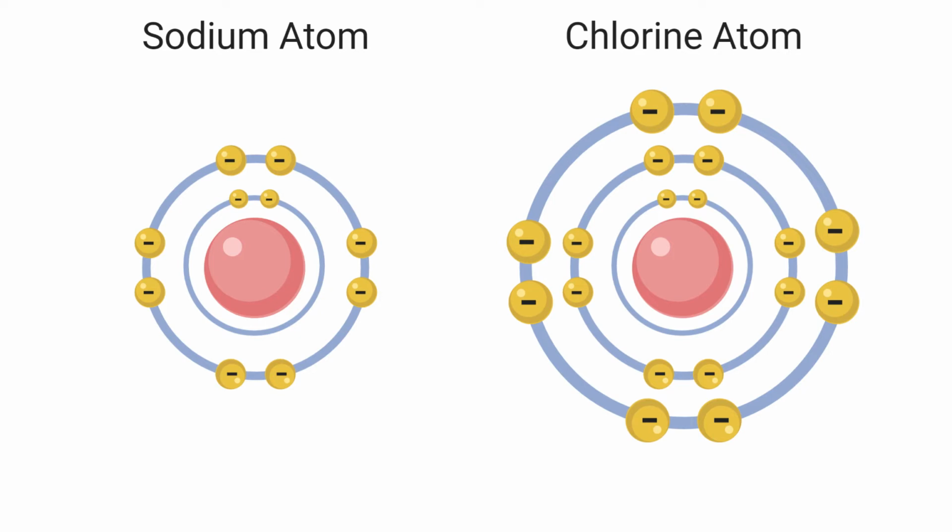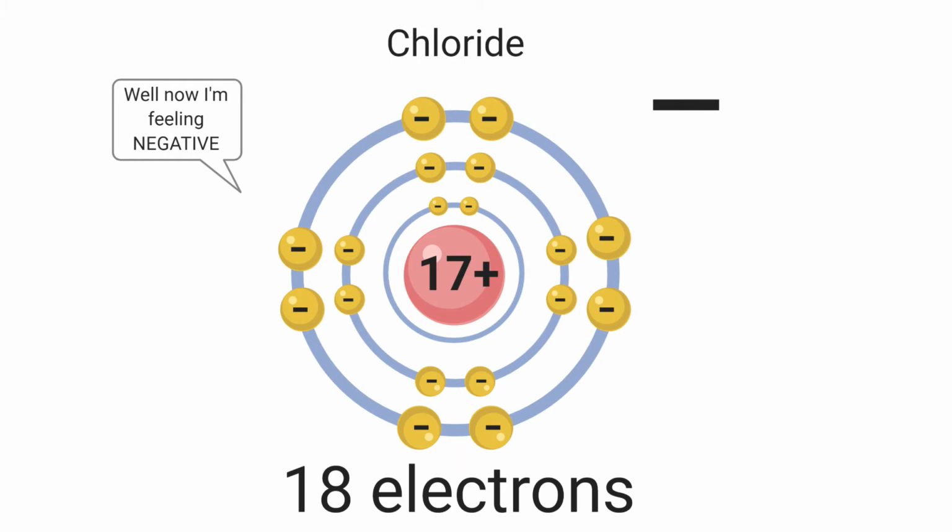What's even more interesting is that because chlorine has one more electron than it has protons, it's negatively charged, and now referred to as chloride. It has become what chemists call an ion. Ions, as we mentioned previously, are just charged atoms with more or less electrons than protons.